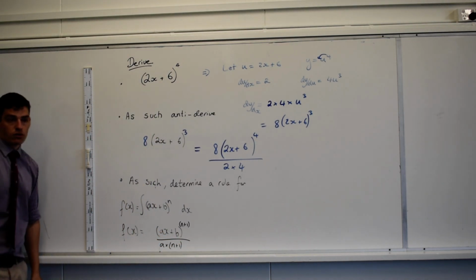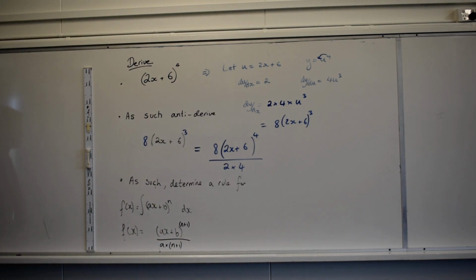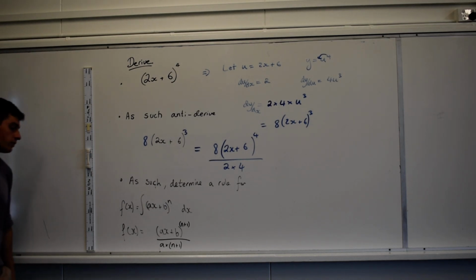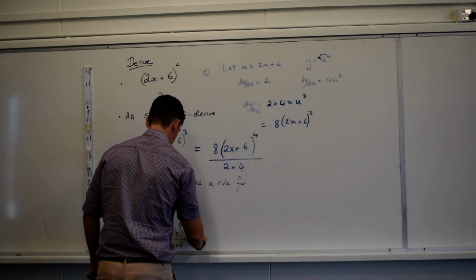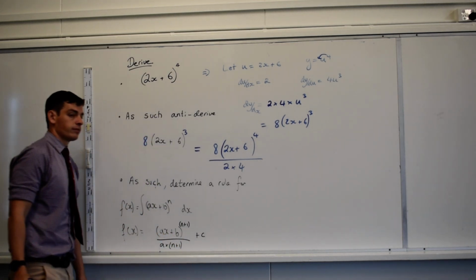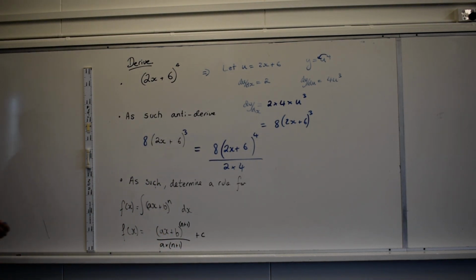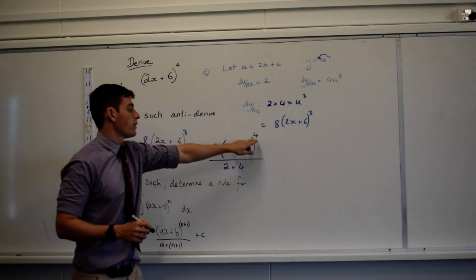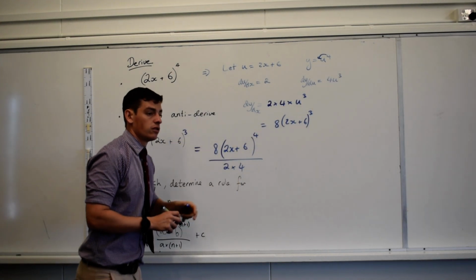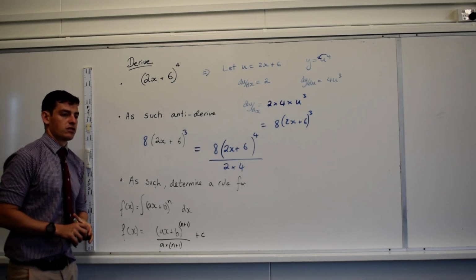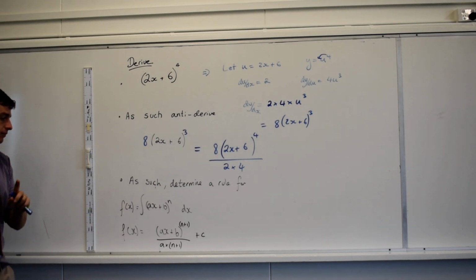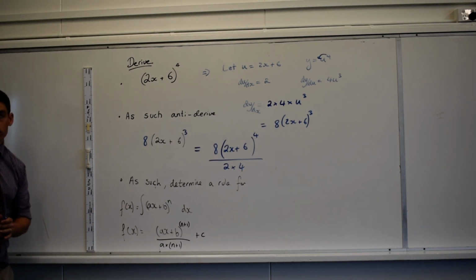Does that seem like a good rule? Yes. What have I forgotten? It's times the new power, so whatever the new power is. Cool? Now, that works for all of those except for this one.